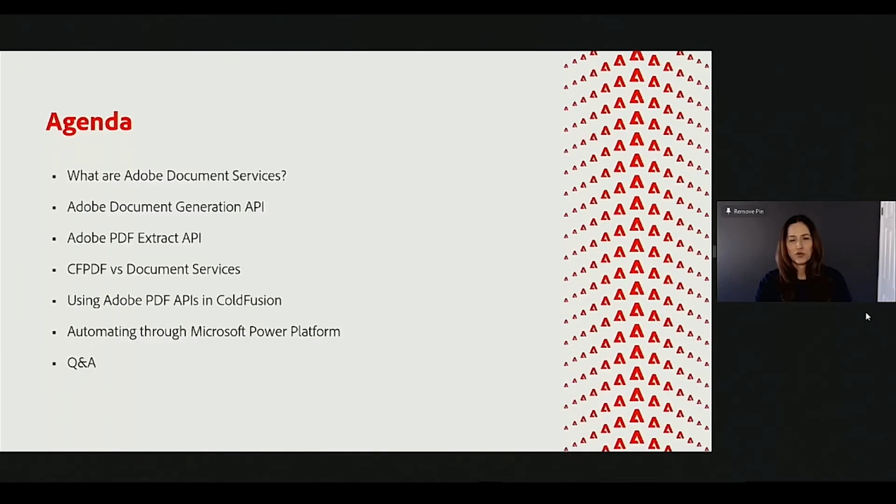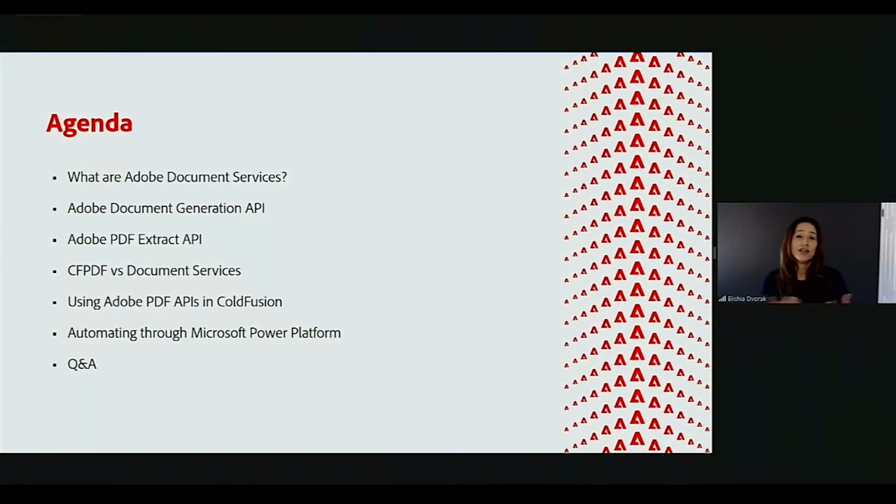So let's go over the agenda really quickly. One, I want to introduce those of you that are not familiar with Adobe Document Services to the different APIs that are available and what kind of functionality we have and the direction that we're taking these products. And then we want to deep dive into two new, or relatively new, APIs, Document Generation API and PDF Extract API.